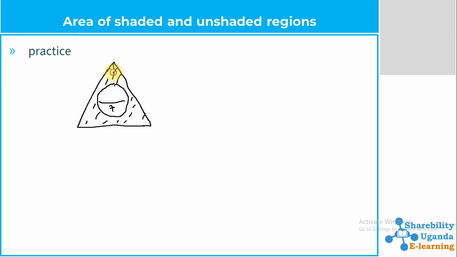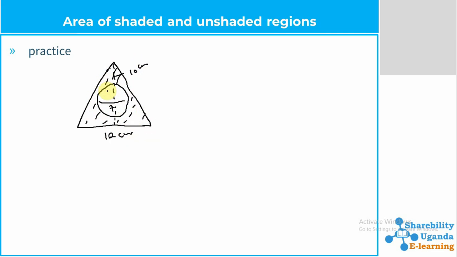Let me say they tell you that from here up to here, maybe the height should be 10, and maybe the base should be 12 centimeters. You can easily find something of this kind basing on the shape that is inside. So that means here you'll get the total area of the whole triangle minus the area of the circle which is inside.